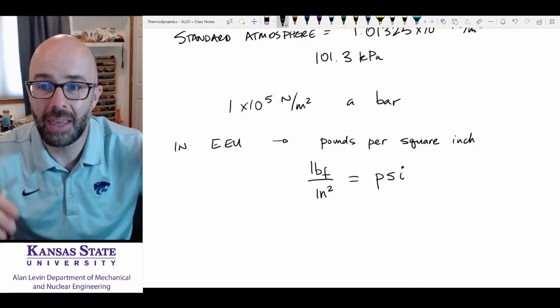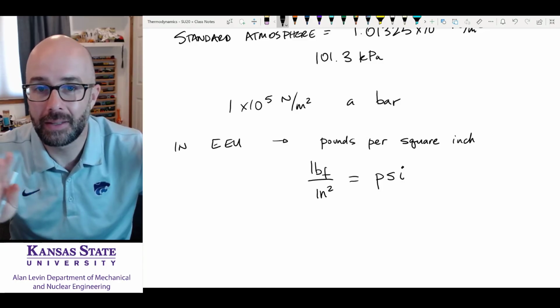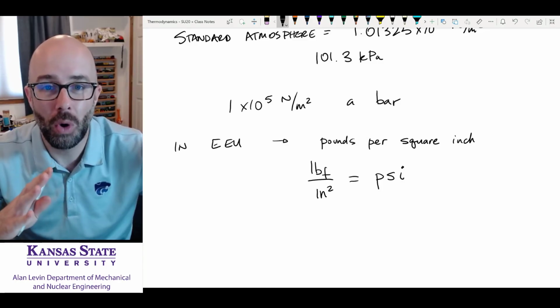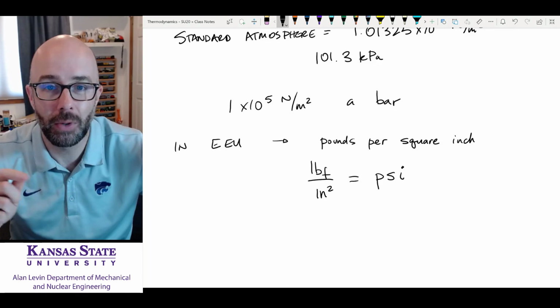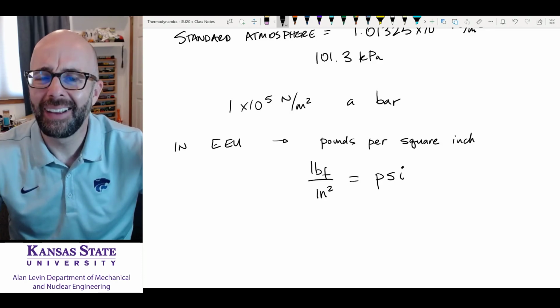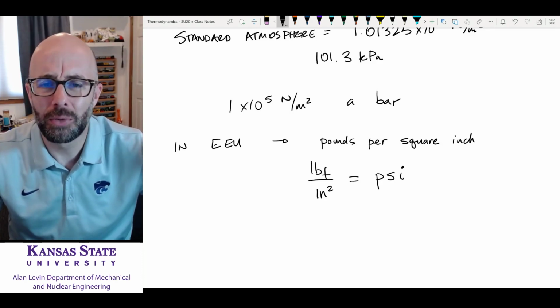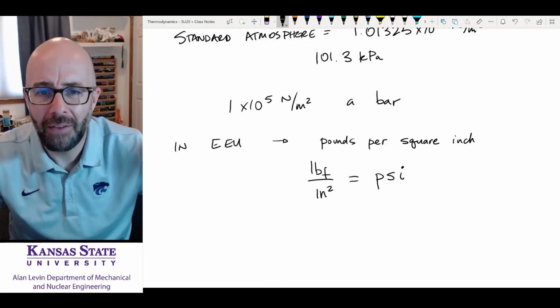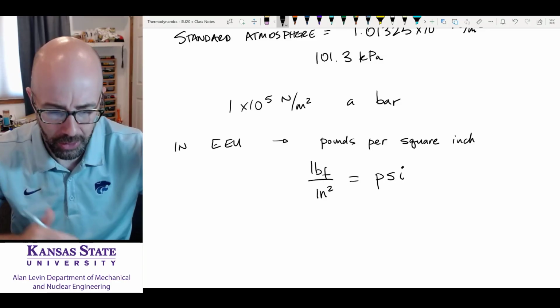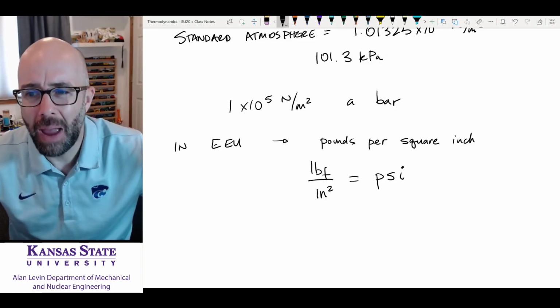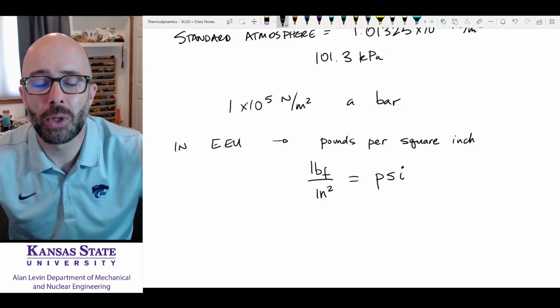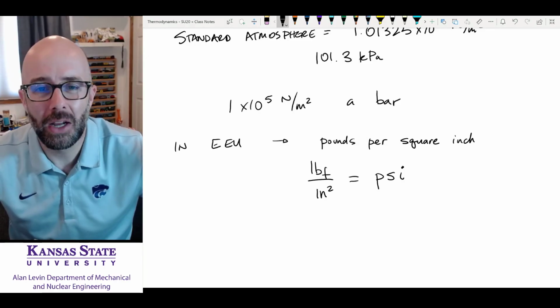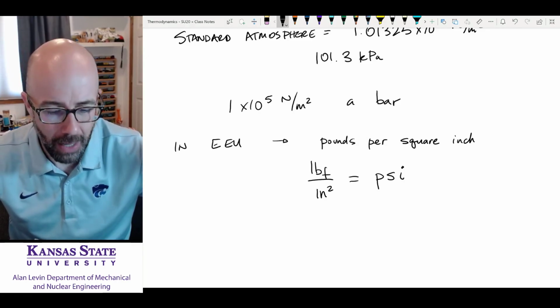You just can't use them interchangeably. That's a ridiculous word, but I made it up. We have to make sure that we convert between those two. From time to time, we're going to do pounds per square foot, but that's not going to be very common. Pounds per square inch is going to be your most common one.